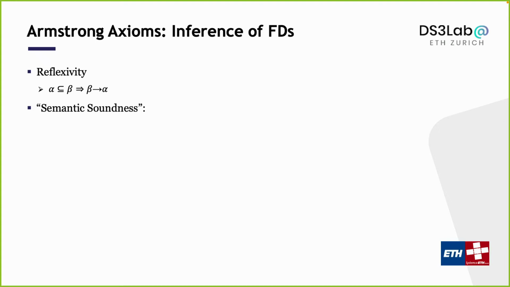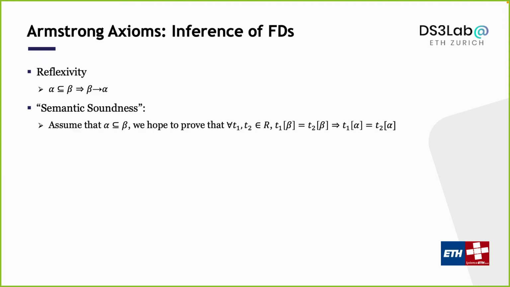We mean that if I have F and alpha to beta, and I can use this rule to derive a new functional dependency at the syntax level, then for all the relation instances that I could construct, this functional dependency will hold at the semantic level. So how can we prove that? Let's try.